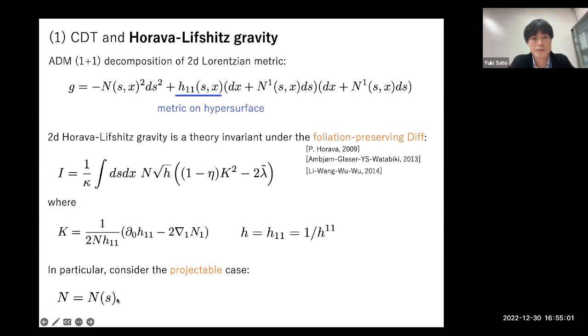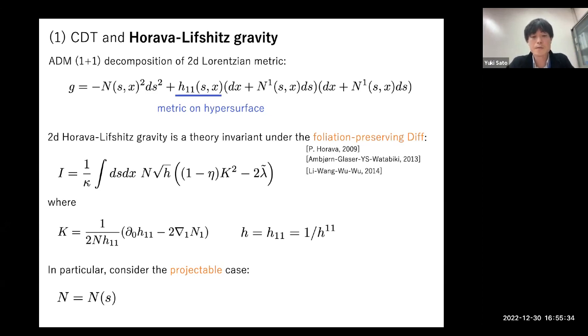Actually, this is a consistent truncation, because if you change this lapse function by the FPD, the lapse function is still a function of only time. So in this sense, this is a consistent truncation. To make contact with CDT, we consider this projectable version.